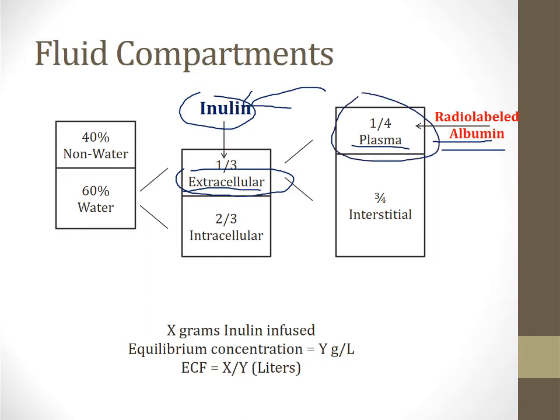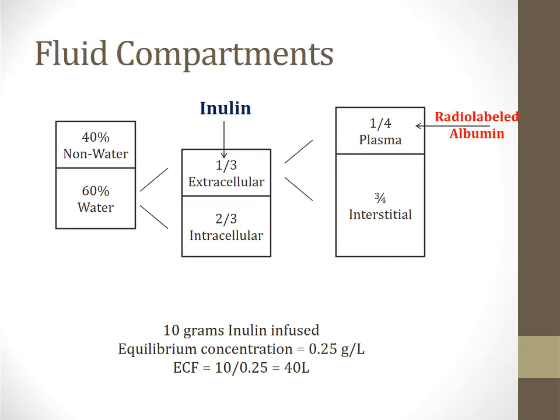So the way these experiments are done is shown at the bottom of the screen. For example, if you infuse X grams of inulin into a research volunteer and the equilibrium concentration is Y grams per liter, then in the case of inulin, which stays in the extracellular space, the extracellular fluid volume will be X divided by Y liters. And this is easier to understand if we use some actual numbers.